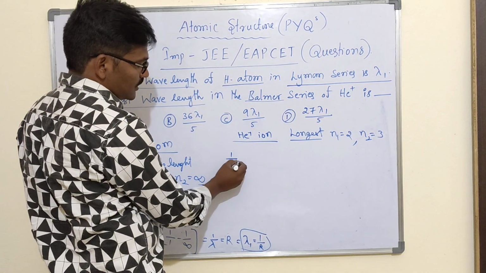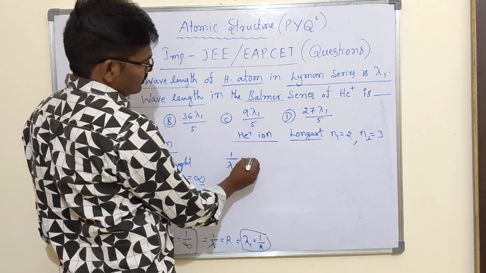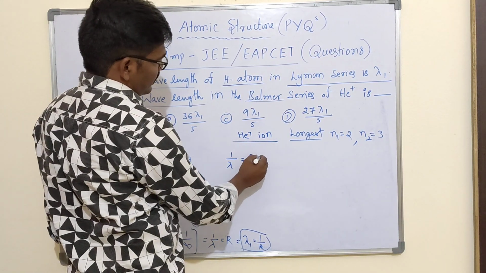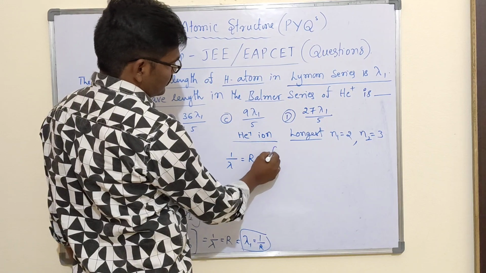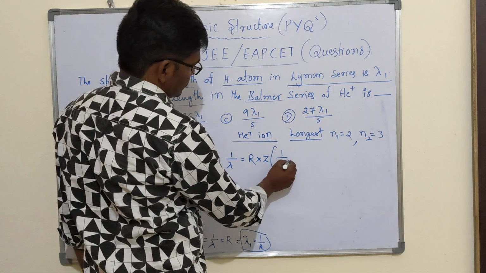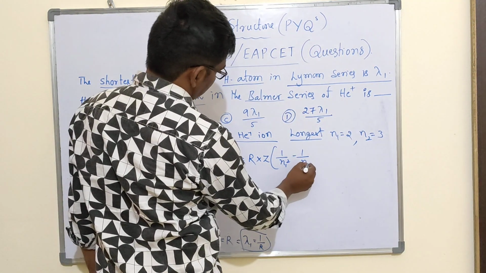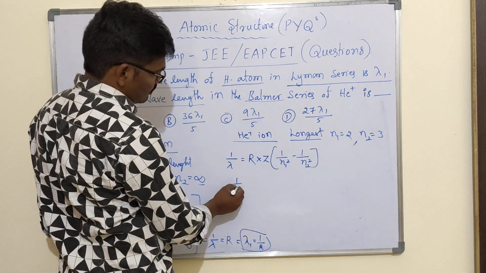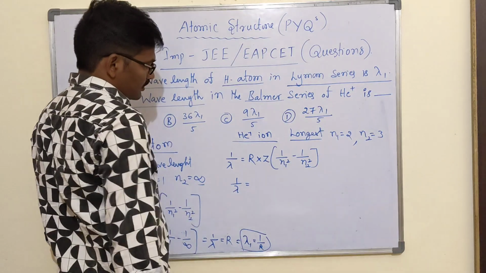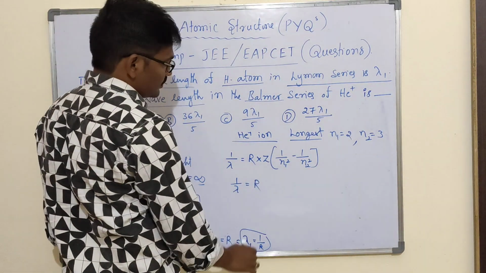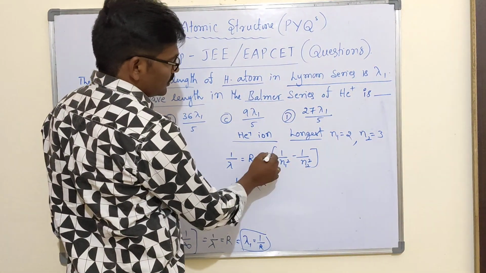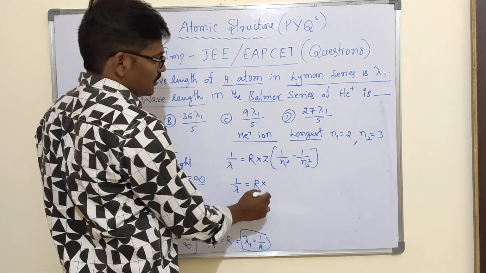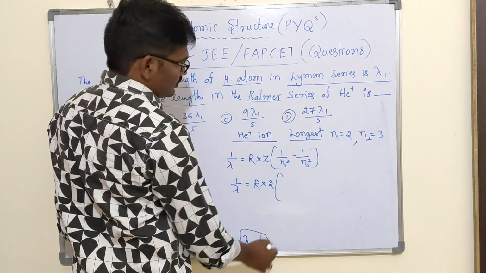So 1 by lambda is equal to R into Z into 1 by n1 square minus 1 by n2 square. Then substitute all the values here. Then 1 by lambda is equal to R into, right? So Z value for helium is 2.